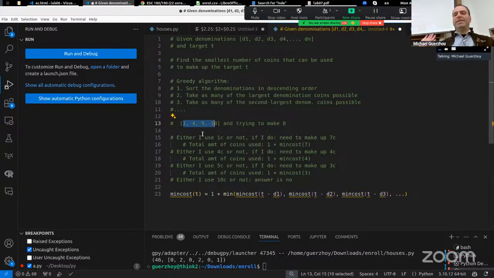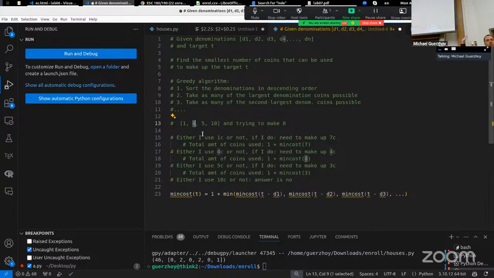What if we want to make 8? Well, and we want to use the least amount of coins possible? Well, here you can eyeball it and say you need to use 2 coins, 2 coins of 4 cents, right? So that's what we want to get to eventually. Does the problem make sense to everyone?